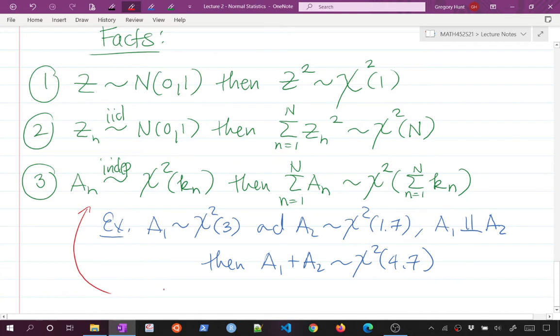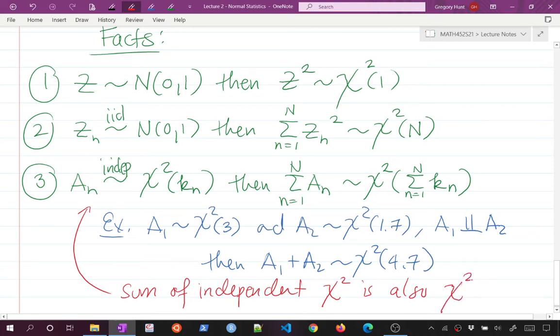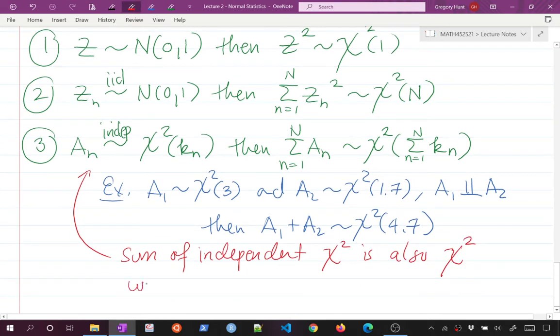You can summarize this in words by saying that the sum of independent chi-squared is also chi-squared with degrees of freedom equal to the sum of the degrees of freedom.